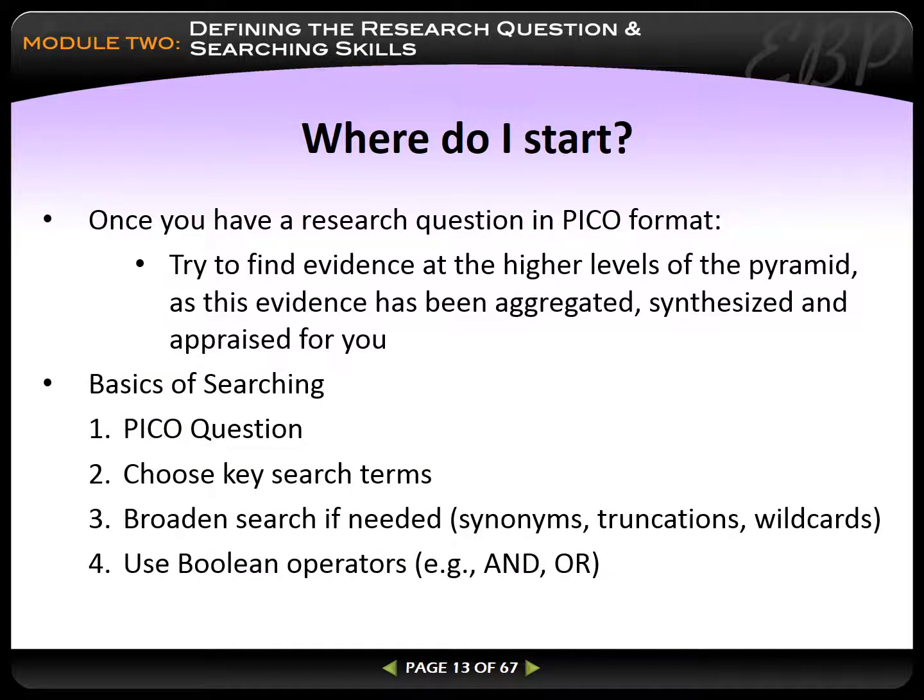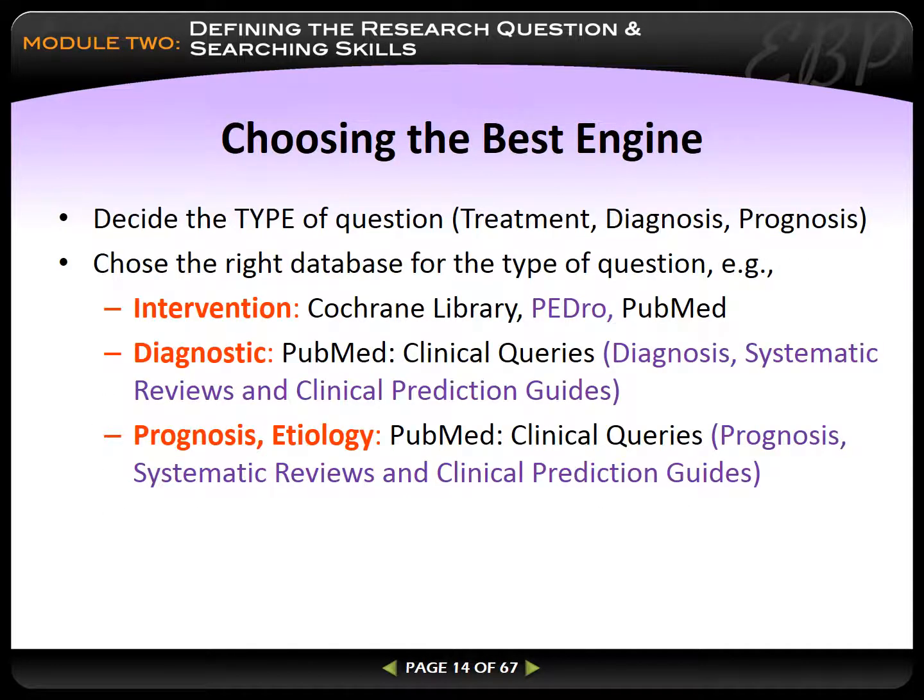So once you have your question in a PICO format, you're going to choose some key search terms, and then you're going to broaden the search if needed. We'll go through this, and then you're going to use terms to either expand or limit the number of articles you're finding. You need to choose the best search engine.